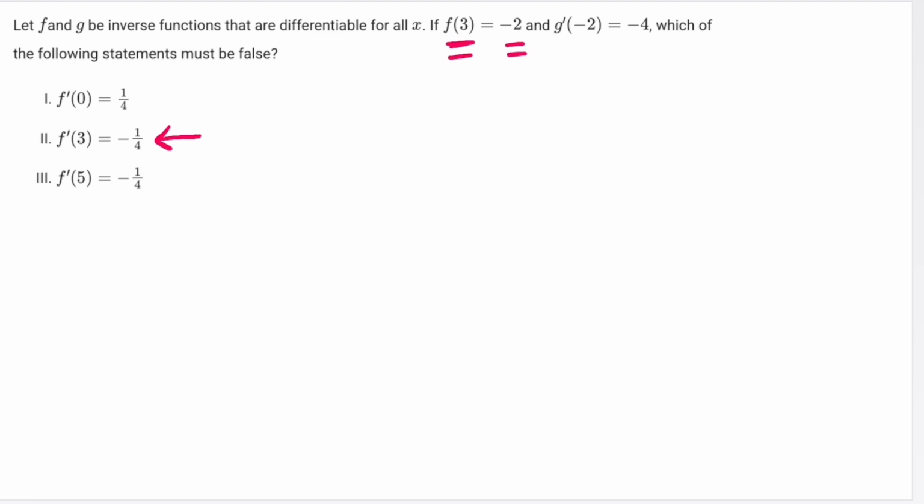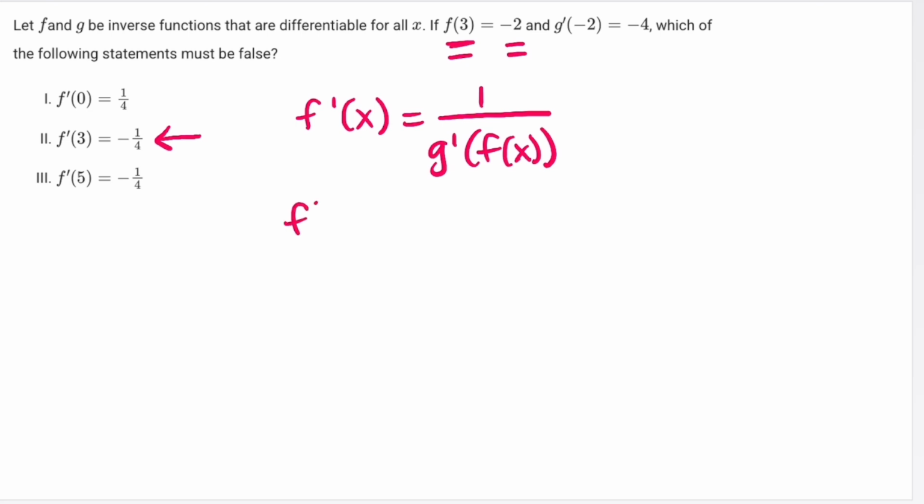If I'm trying to find the derivative of f of x, it is the inverse of g of x. So it would be 1 over g prime of f of x, right? That's the formula there. If I evaluate that at 3, so if I was trying to find f prime of 3, it would be 1 over g prime of f of 3.